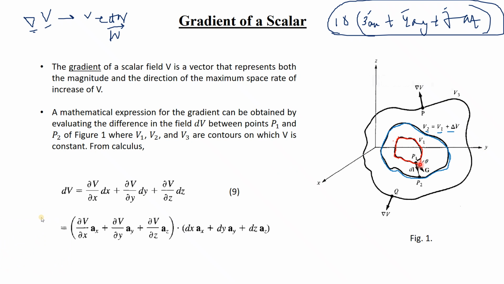That means if you have a point P1 over here, on this particular surface of potential V1, and you jump from V1 to V2, then you will gain some potential, plus delta V. You will enter a greater potential surface of value V2.